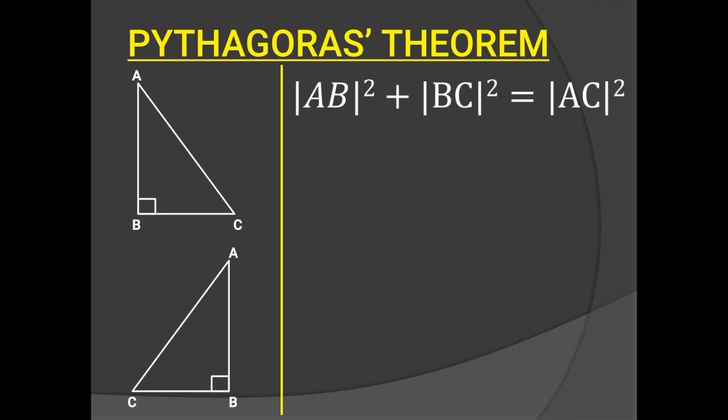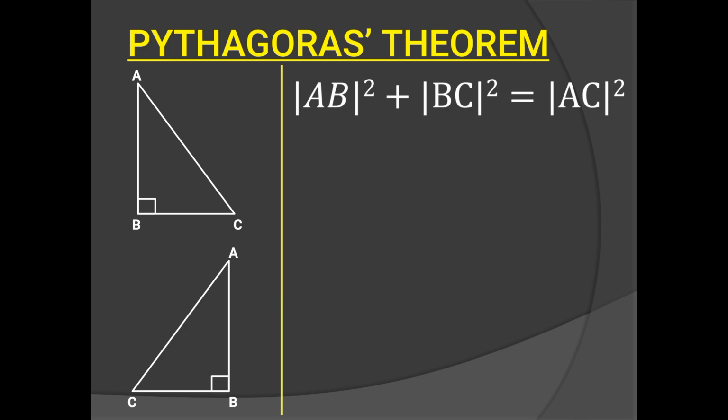He says if you have a right angled triangle, the square of the hypotenuse, that's the correct pronunciation, but I'll be using hypotenuse, okay? The square of the hypotenuse should be equal to the square of AB, which is known as the perpendicular height, plus the square of BC.